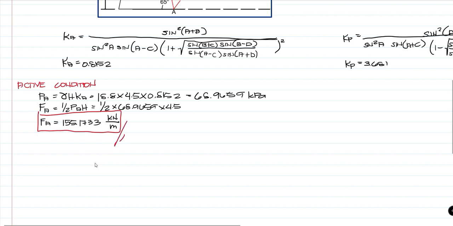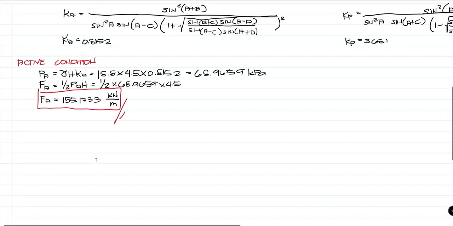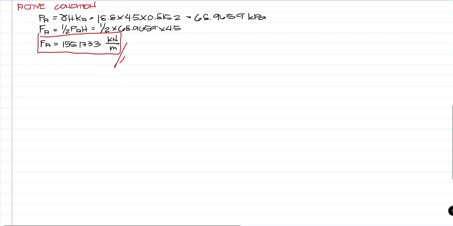Sunod nating hanapin yung pinapahanap niya na horizontal active earth force. So, para makuha yun, kakailanganin natin yung inclination nung retaining wall natin. Kung ito yung face ng retaining wall na sumasalo dun sa soil, syempre, nasa active condition tayo. So, meron kang force na normal dito, ibig sabihin, this is a 90-degree force. And we call this one as the active force which is normal.